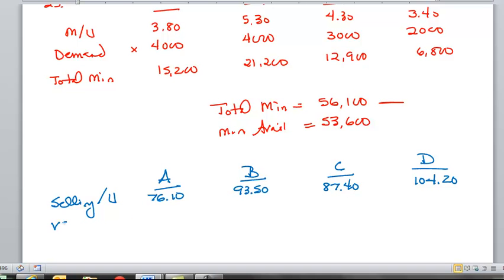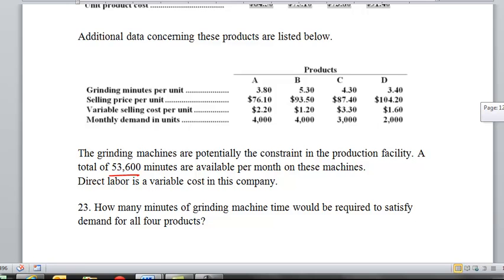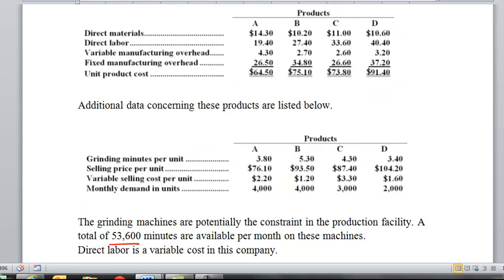Then we want our variable cost per unit. Now be careful here. They give you direct materials, labor, variable overhead, and manufacturing overhead. You only want the first 3 here, and you need to make sure you add the variable selling cost per unit.